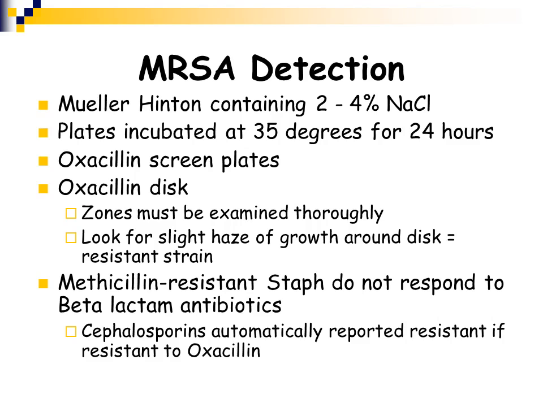Now, methicillin-resistant staph normally are not going to respond to beta-lactam antibiotics. So your cephalosporin antibiotics are automatically reported resistant if you have a Staphylococcus aureus that's resistant to oxacillin. That's very important. So you're going to put your organisms in your Vitek or in your MicroScan, and it's going to give you a bunch of different reactions or susceptibilities.